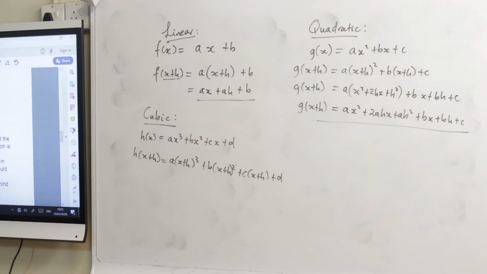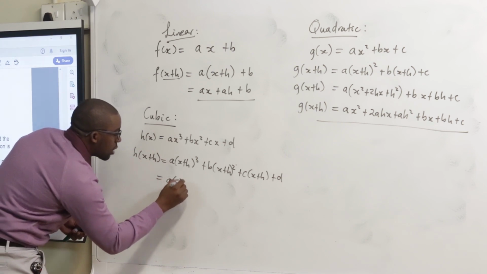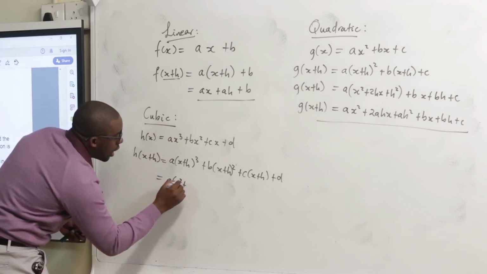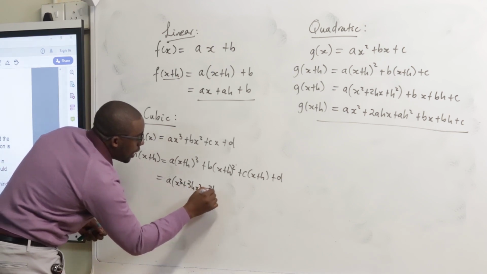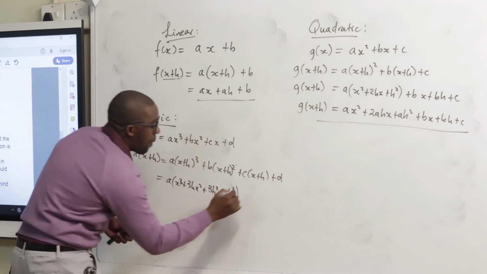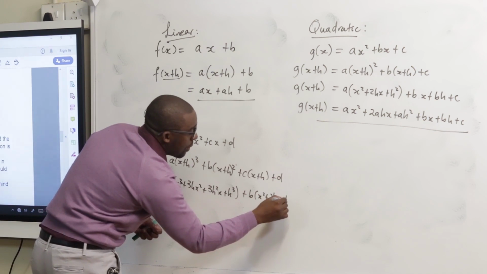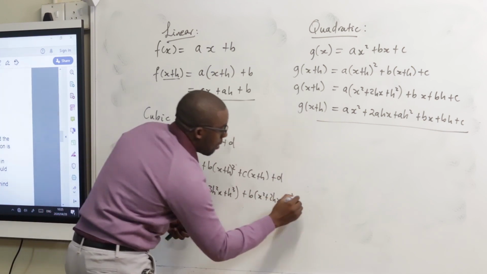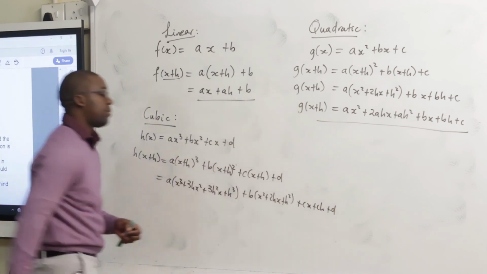Keeping in mind those standard results, you merely substitute. You're going to get a times x cubed plus 3hx squared plus 3h squared x plus h cubed, plus b times x squared plus 2hx plus h squared, plus cx plus ch plus d.